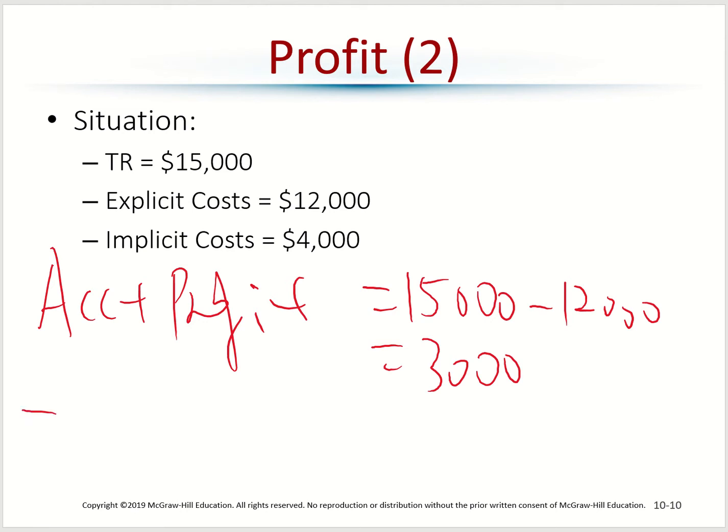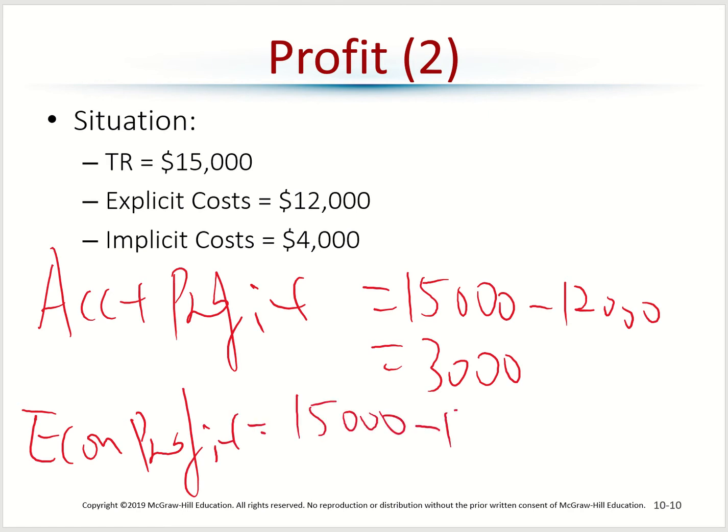But your economic profit will be your 15,000 minus the 12,000, and then minus the 4,000. That's your implicit cost. So you're going to have a negative $1,000 of economic profit, which means that you're actually worse off.